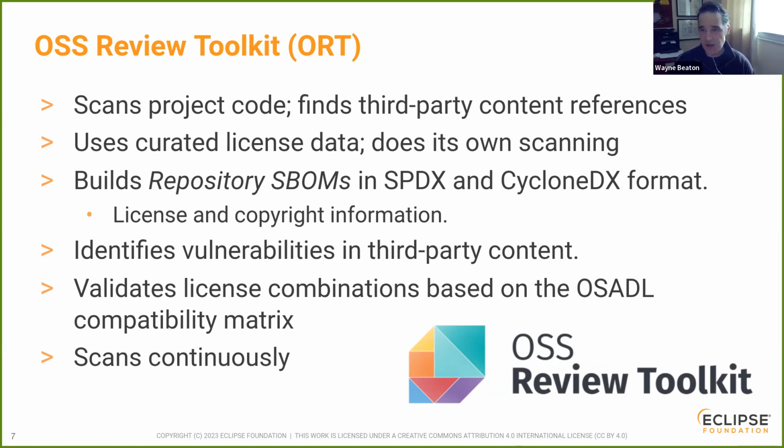Our hope with this, and experiments are showing good results, is that this tool is continuously scanning our repositories. And from that, it gathers up information about the licenses of the content in the repositories. It also discovers references to other content. So it recognizes POM files, package lock files and cargo lock files and all those kinds of things, and uses that information to go and find third-party content.